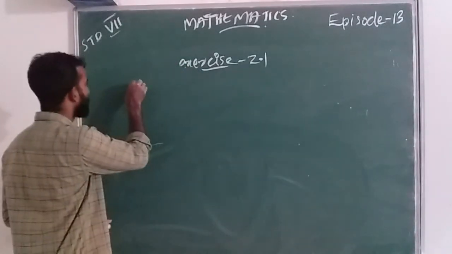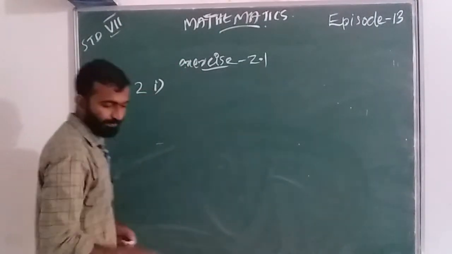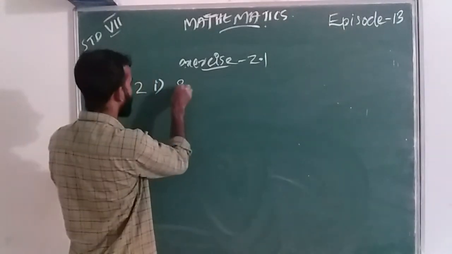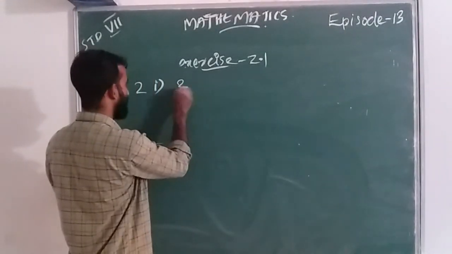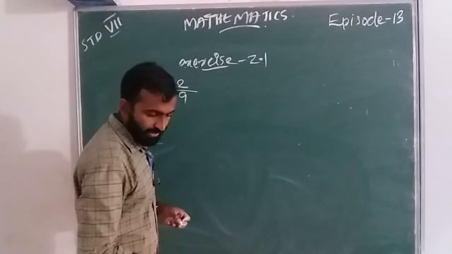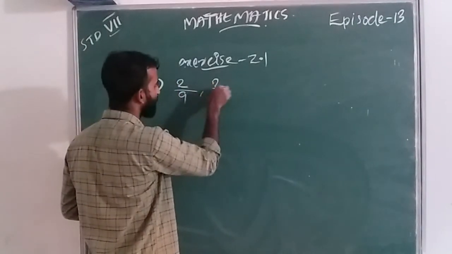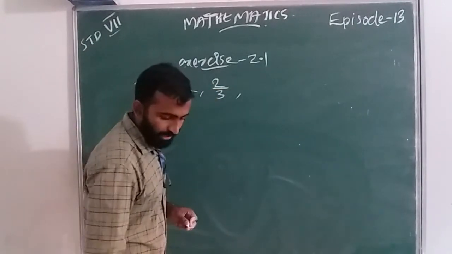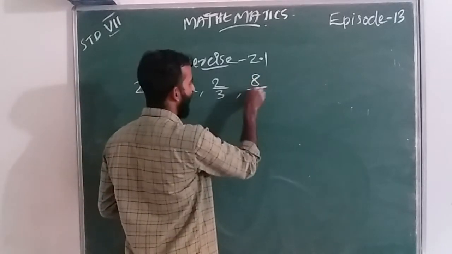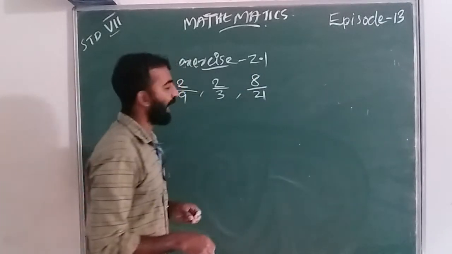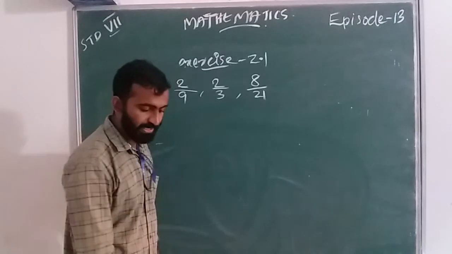First one is 2 by 9, second one is 2 by 3, and third one is 8 by 21. This is the question.